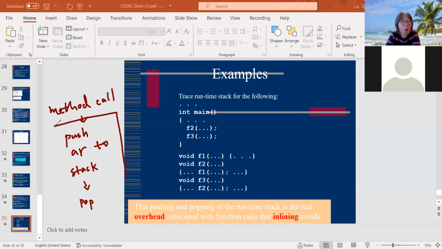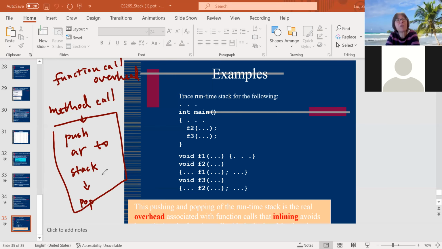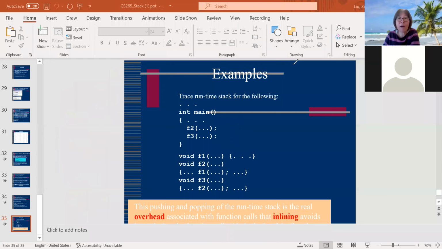So basically, all of this is function call overhead, because you need to put things into some other temporary storage. So that's the function call overhead. If you don't write it as a function, if you just write statement by statement, then you won't have that overhead. It's just execution. So that's why a lot of times we say a function call has some overhead. Okay, so that's how function call overhead comes about.